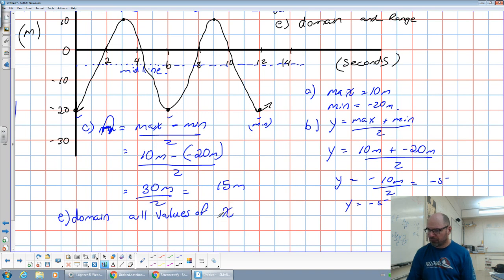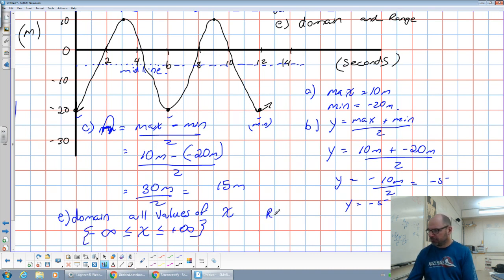Okay, and that would be if we write that in set notation. If we're going to write it in set notation, it's from negative infinity to positive infinity. That's our interval there.